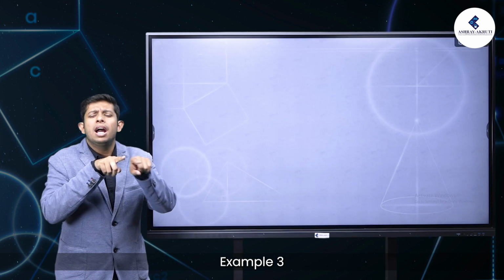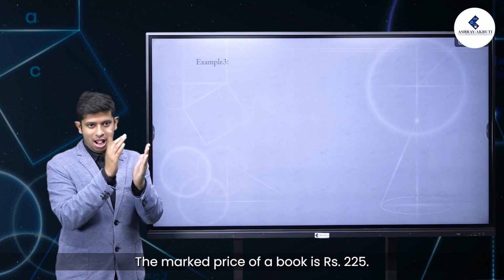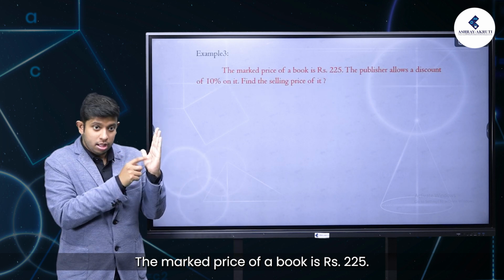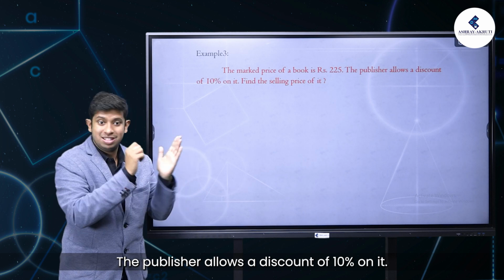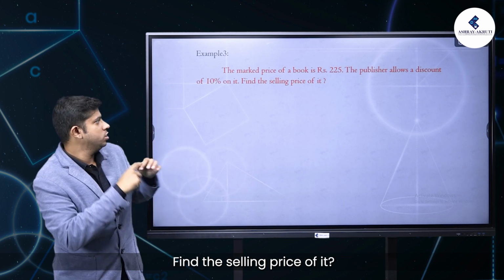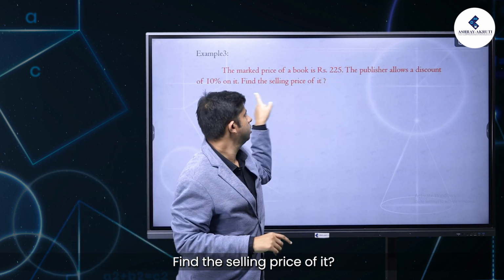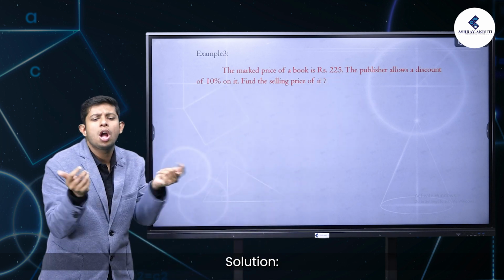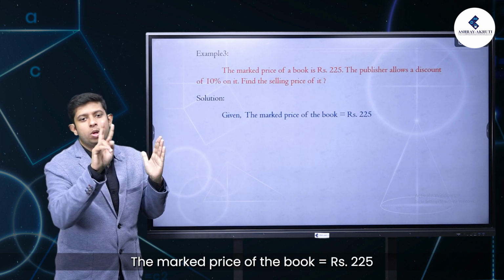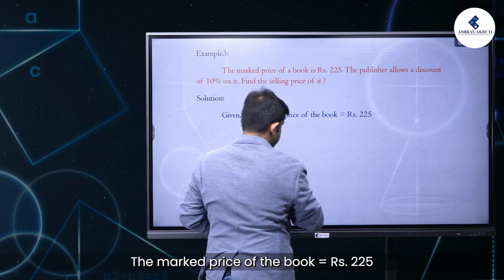Example 3. The marked price of a book is Rs 225. The publisher allows a discount of 10% on it. Find the selling price of it. Solution. Given, the marked price of the book is equal to Rs 225.